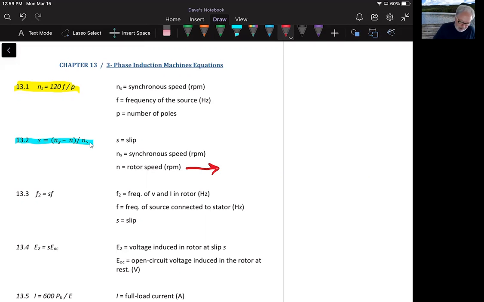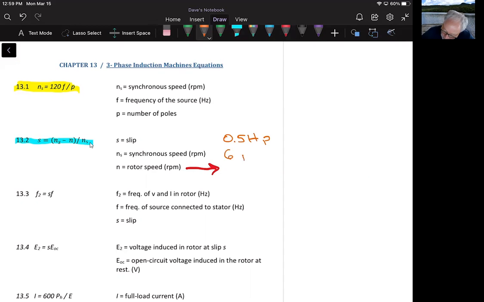And you might have some information given to you in example 13.2, where it says you have a half horsepower motor, which really doesn't have anything to do with our calculation, right? But it's given to us. It says it's a half horsepower motor.